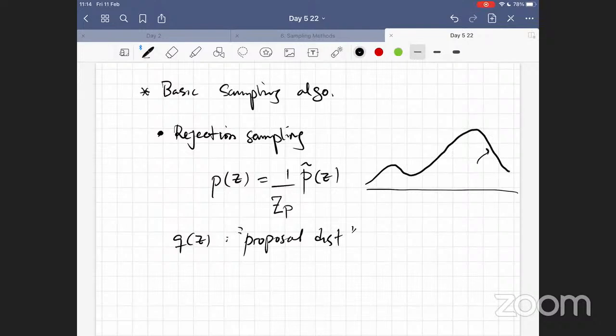That would be the true distribution P tilde. The idea is to have the proposal distribution such that when you multiply it by a constant, this is equal to some constant K times my proposal distribution.